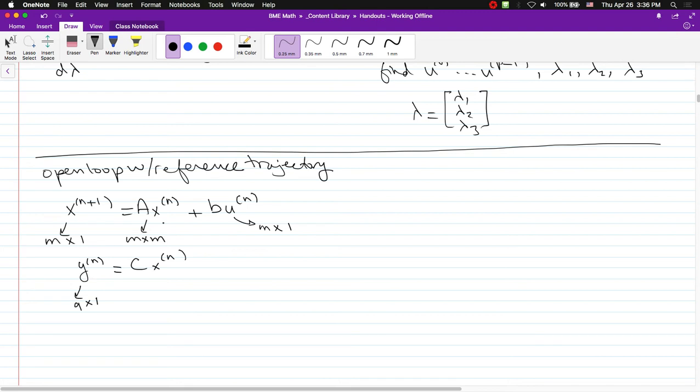So I'm not going to have any noises in here for this example. I'm going to have y going from time point 1 to time point p, input u going from time point 0 to time point p minus 1, and a reference trajectory r, which also is going to go from time point 1 to time point P.